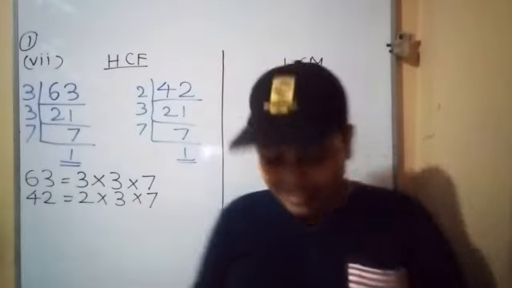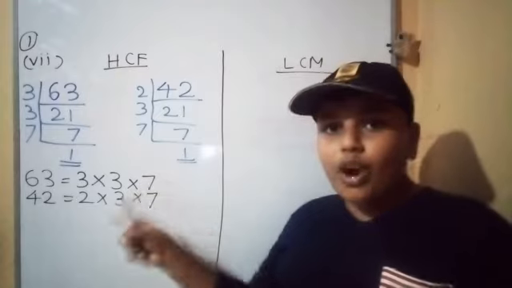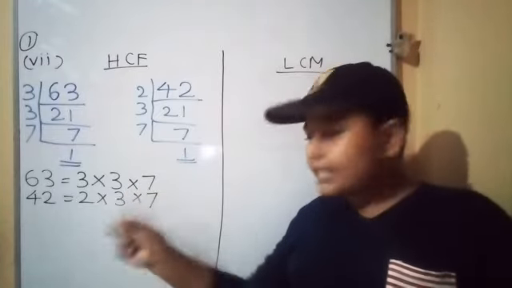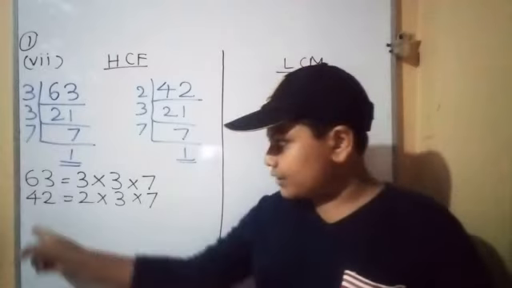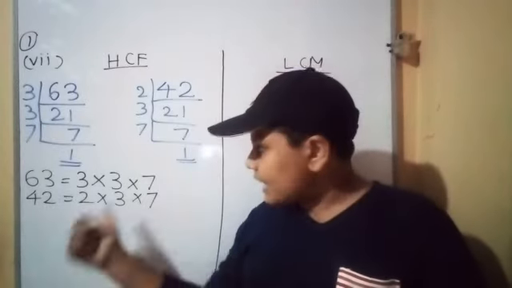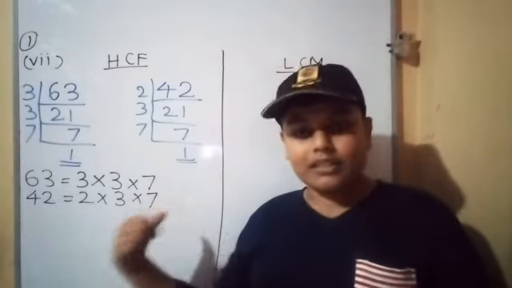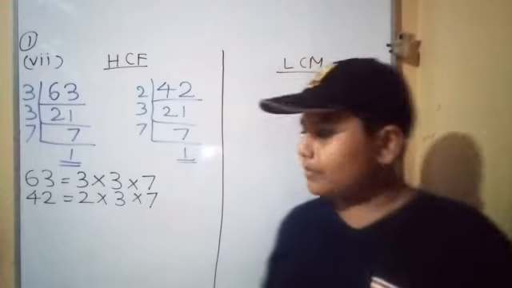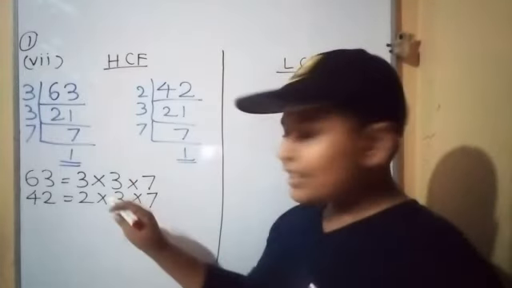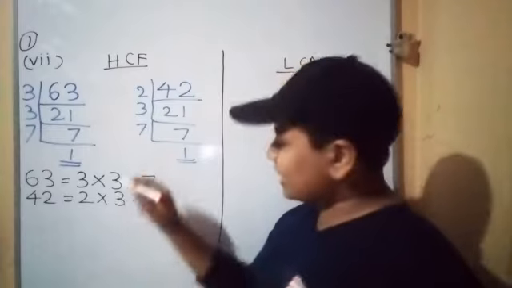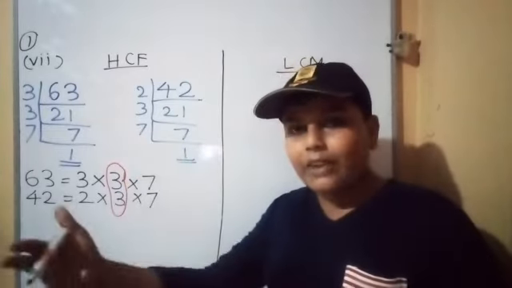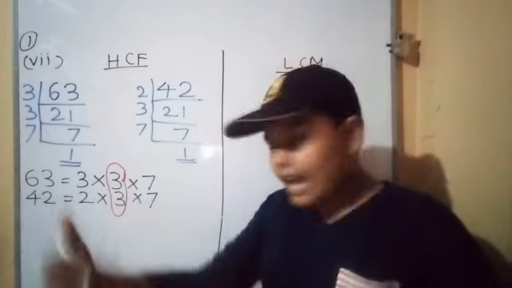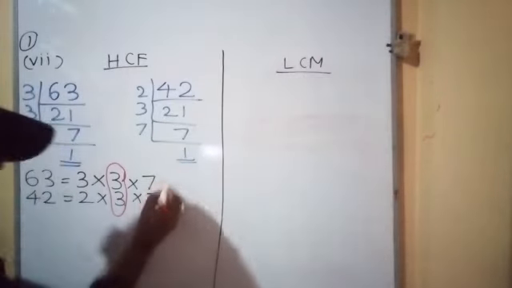So you want to find the prime factors that both numbers have. There is 3, they also have 3, so keep a circle on that to identify it. Now 7 both have.